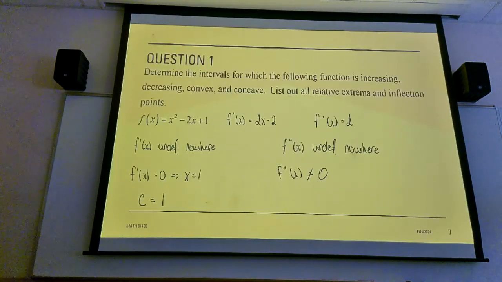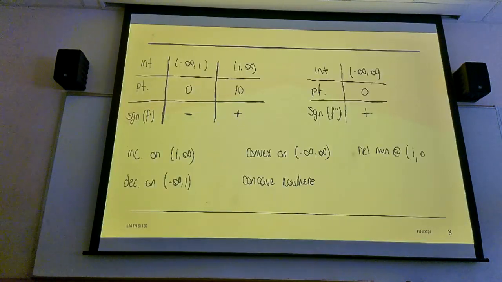Plug 1 into f of x. What is f of 1? Zero. So relative min at 1, 0.